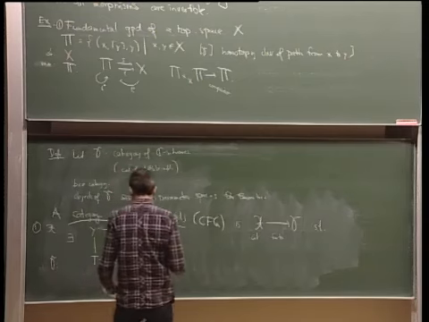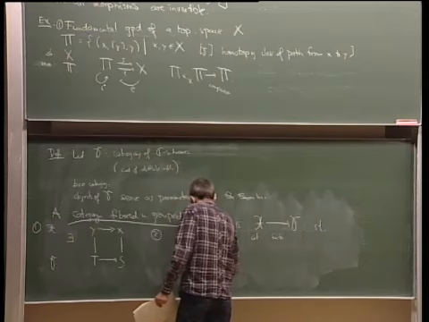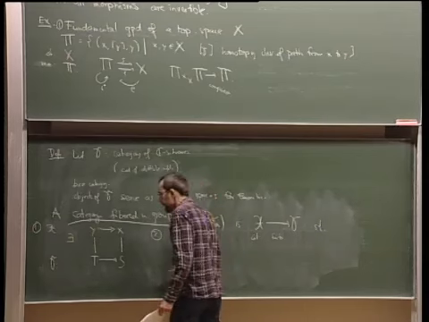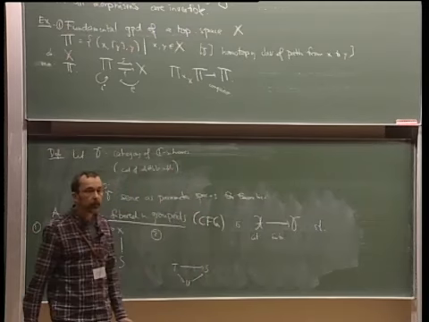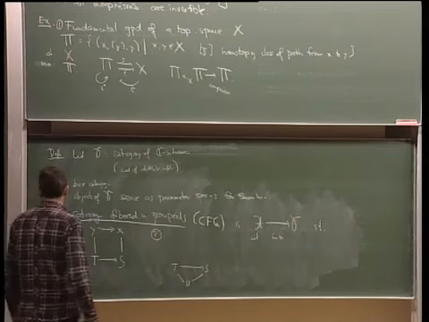And the second one is that if I have a triangle downstairs, the vertical arrows in that square are the images under that functor.